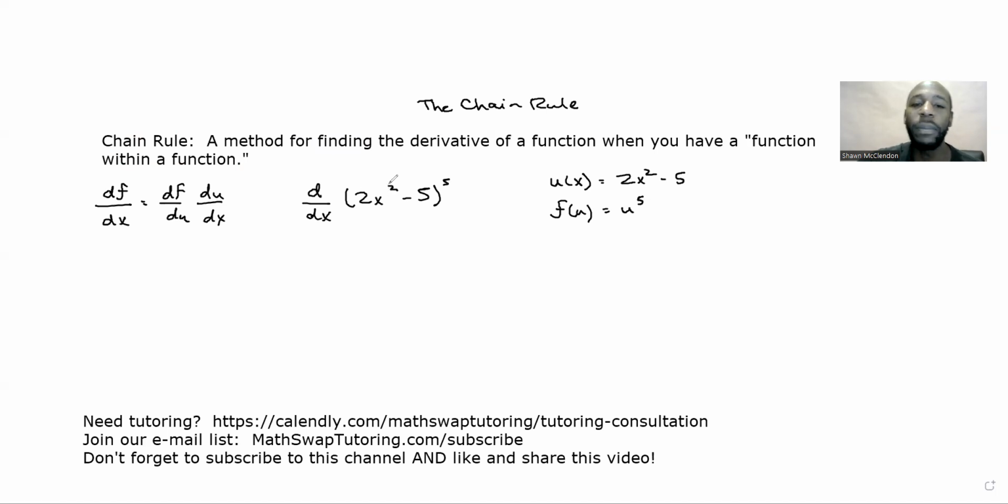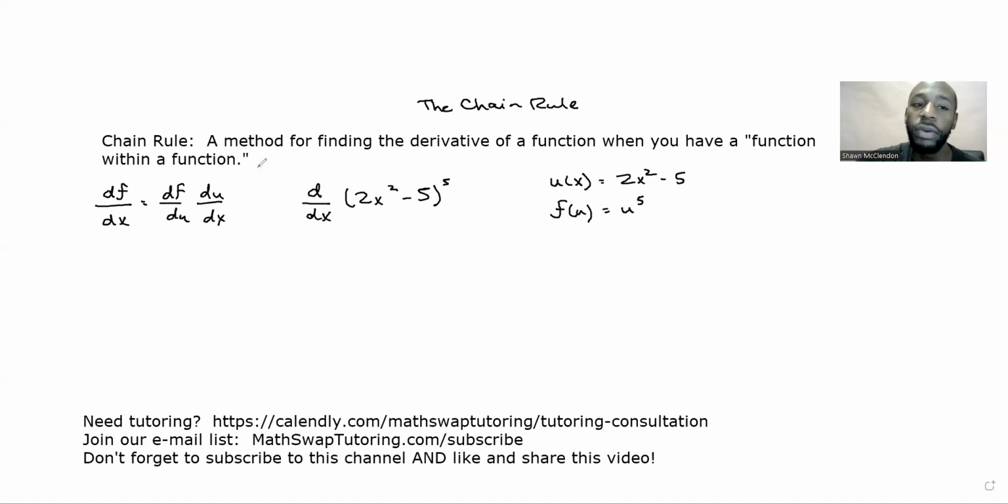To determine what the outside function is, we let that inside function be u of x, or u, and then it's being raised to the 5th power. The inside function, u of x, is u as a function of x. The outside function, again, is with respect to u. We just let this be equal to u.